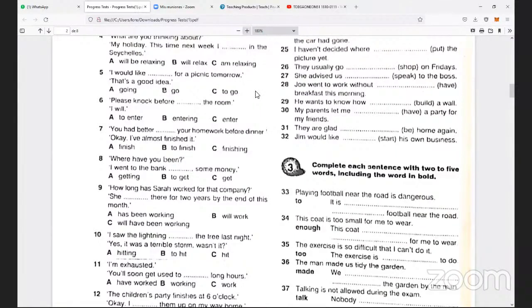Great. 9. She has been working there for 2 years by the end of this month. Okay. I saw the lightning hitting the tree last night.